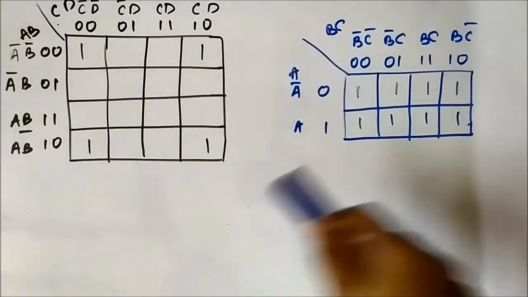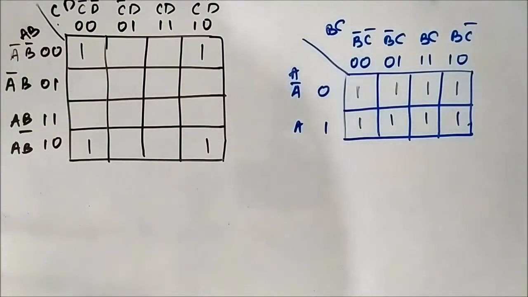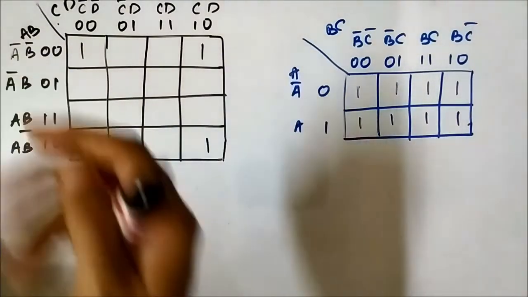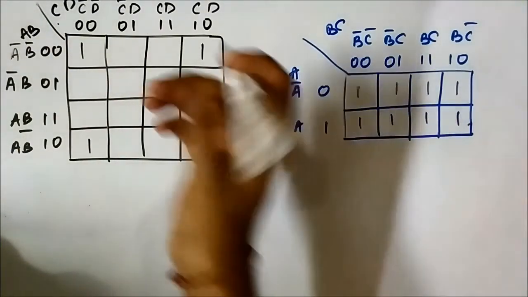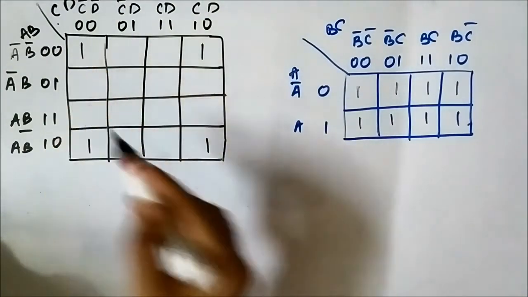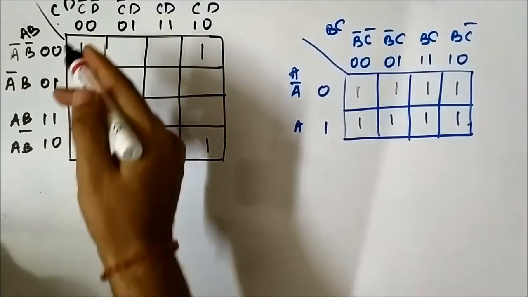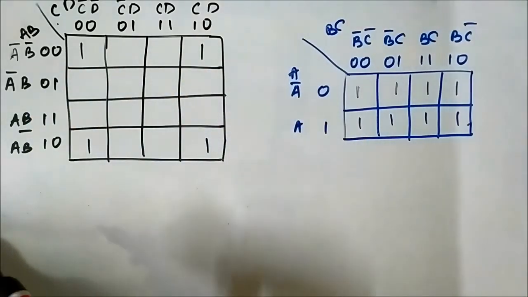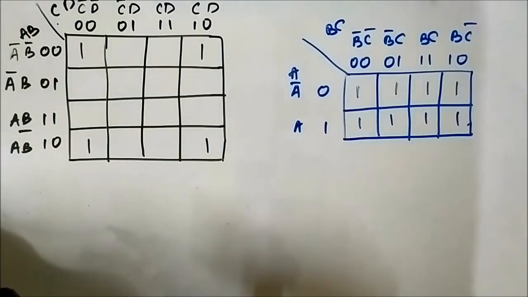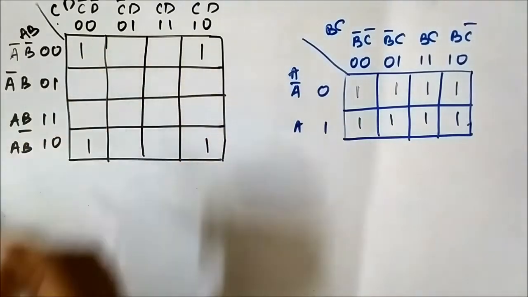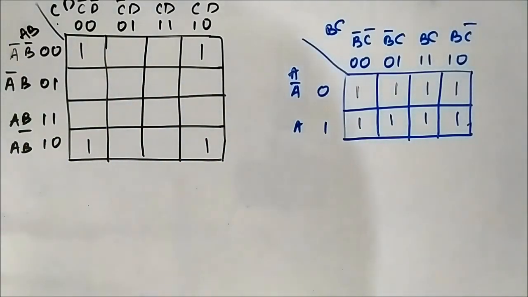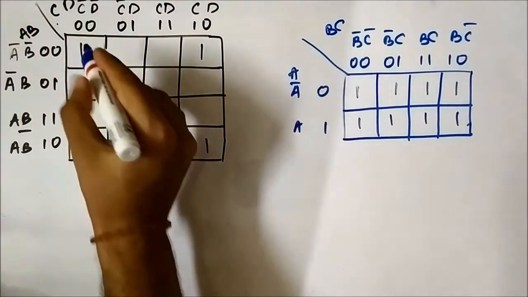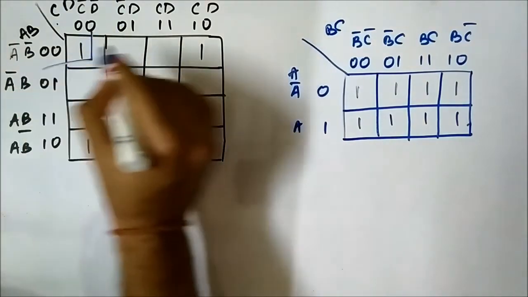So here we have taken some other interesting cases which I thought I should tell you. Here in this 4 variable K-map, you see the cells are marked like this, the corner cells. So here we can form a 4 cell quad like this.